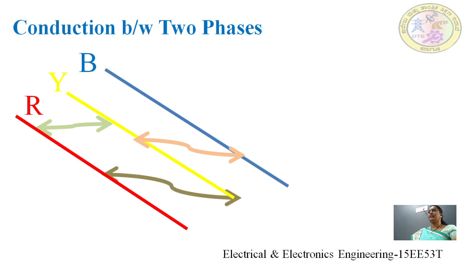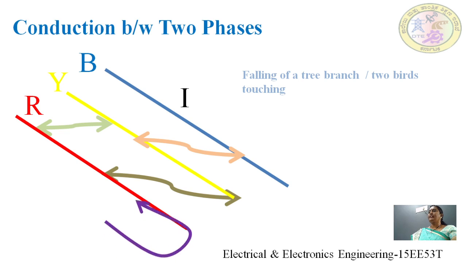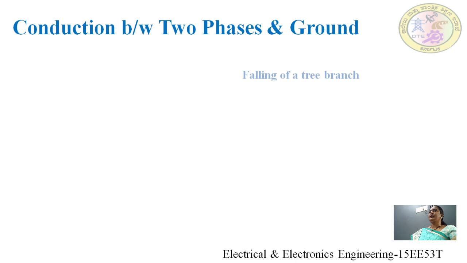Such a fault occurs due to the falling of a tree branch on the transmission line or a distribution line, or a bird touches the transmission line, during which one phase current gets reversed. Due to that, there is a reversal of magnetic flux, that will affect the performance of the system.